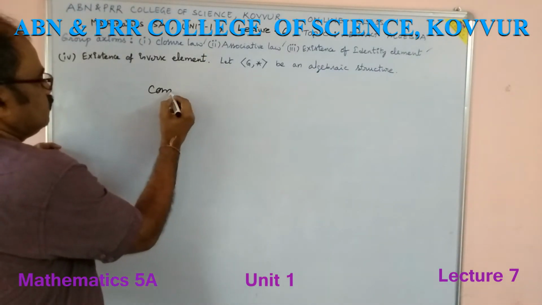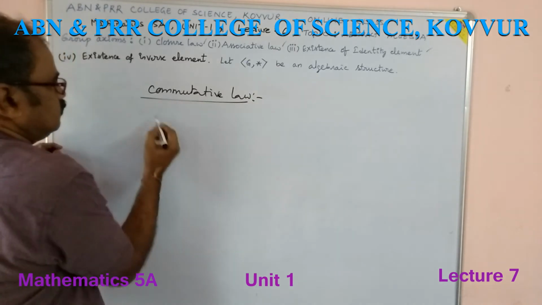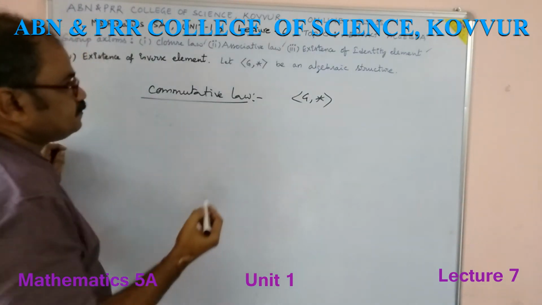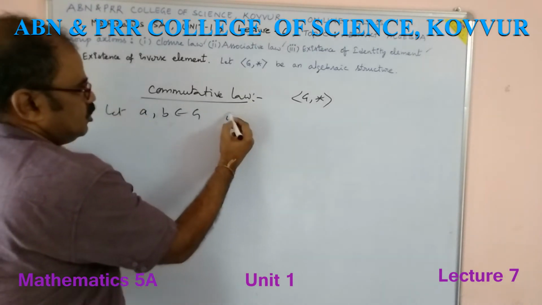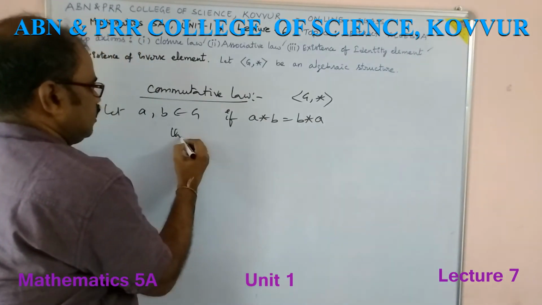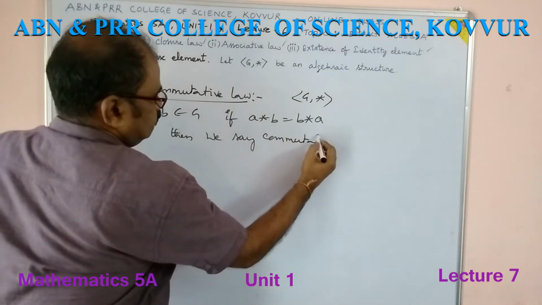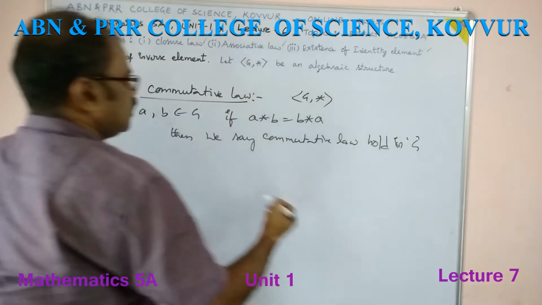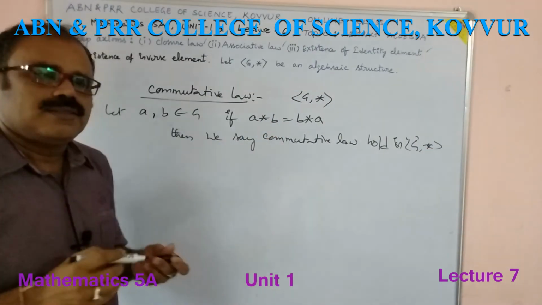Let G star be an algebraic structure, and let A, B belong to G. If A star B is equal to B star A, then we say the commutative law holds in G star.